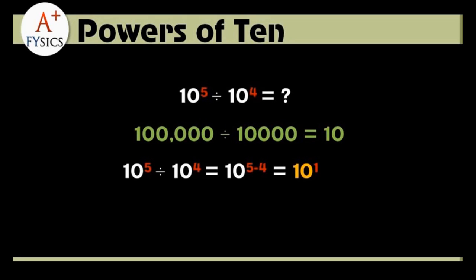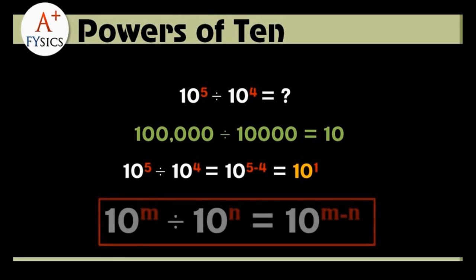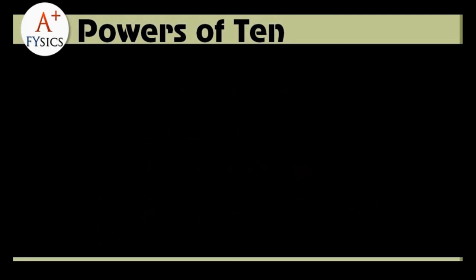Notice that if I say that 10 to the power of 5 divided by 10 to the power of 4 is actually 10 to the power of 5 minus 4, then that will also give me 10 to the power of 1. So basically, you subtract the power that is below from the power that is above. So 10 to the power of m divided by 10 to the power of n is 10 to the power of m minus n. How about we solve a few examples?